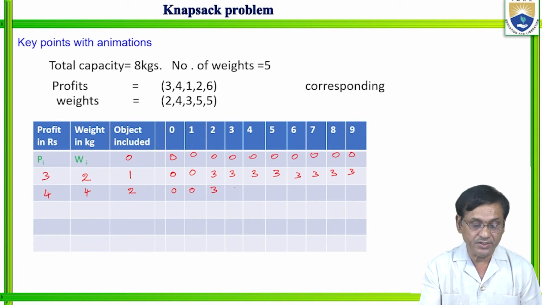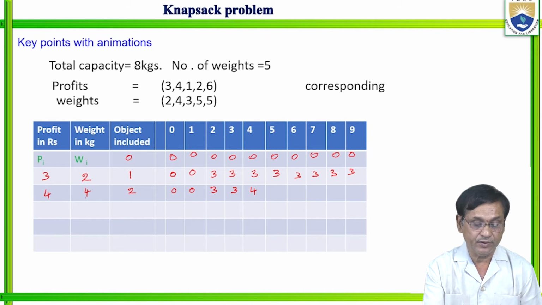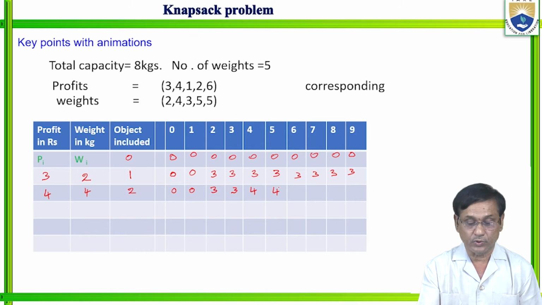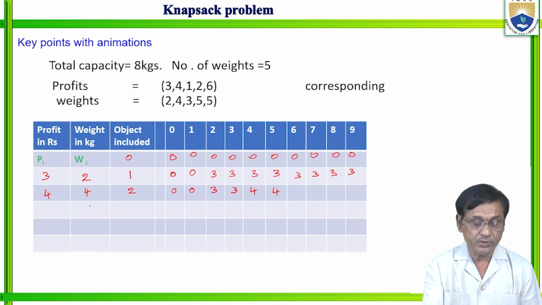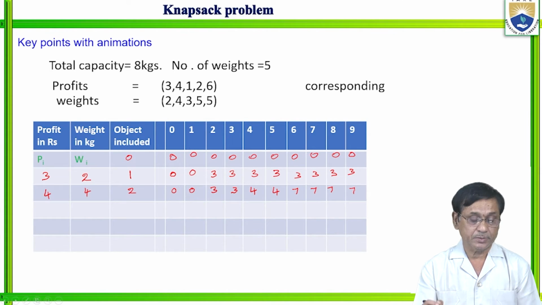When the weight is 3, it is also 3 only. When the weight is 4, the profit is 4. When the weight is 5, the profit is only 4. When the weight is 6, we can include both, so the profit will be 7. So the profit is 7 in these cases.